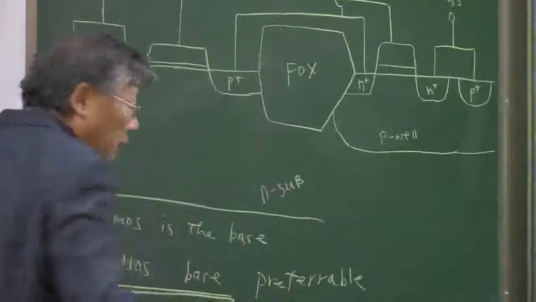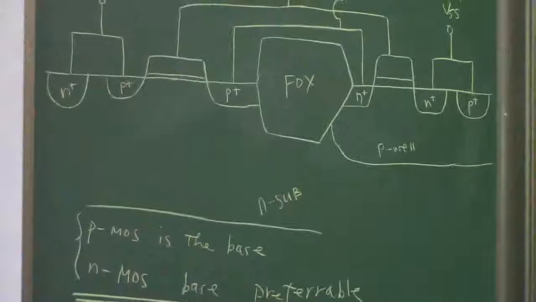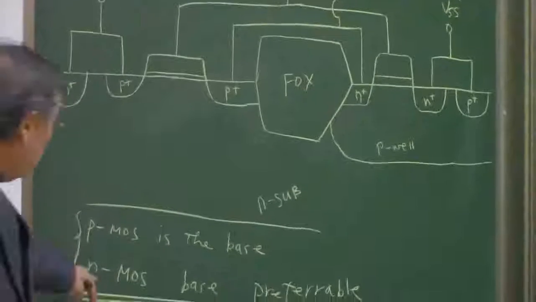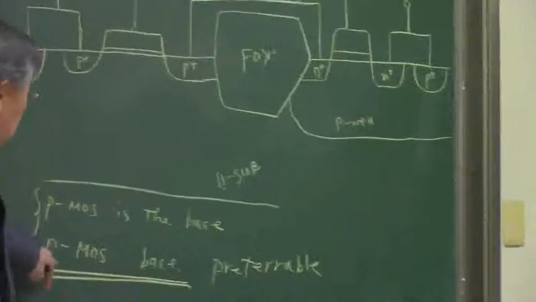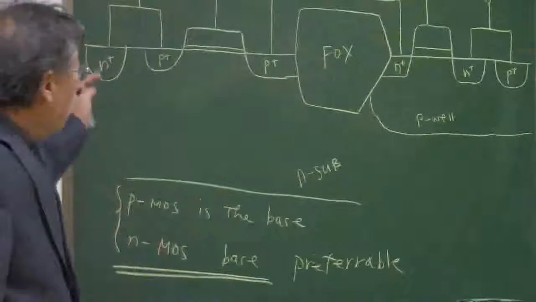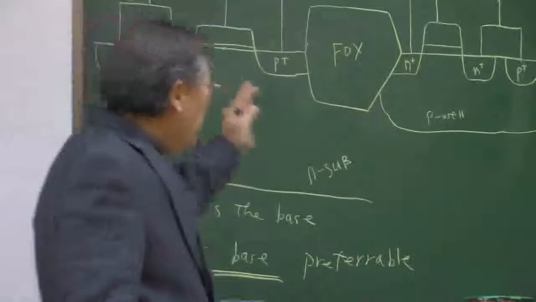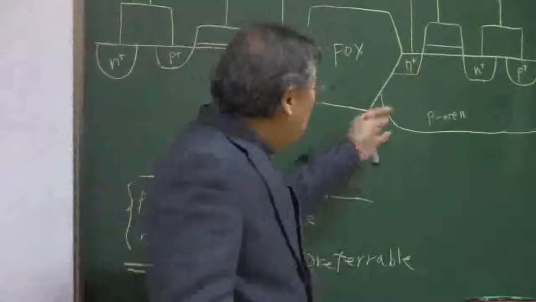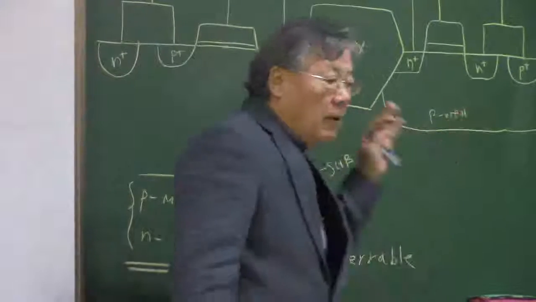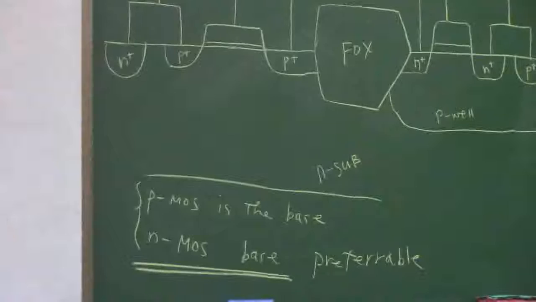Because most of the memory devices are constructed on the base of NMOS. So if you use this type of CMOS, then all you have to do is use exactly the same procedure for the NMOS, and then you just use an extra mask for the N well, and then construct the PMOS on the necessary positions.